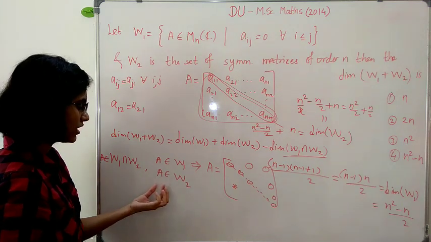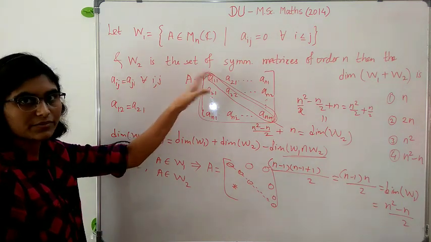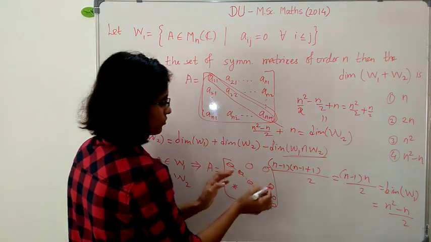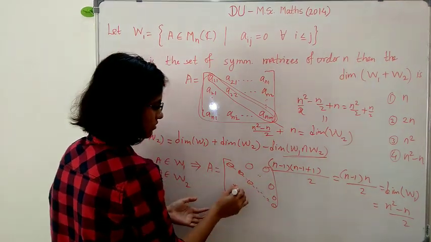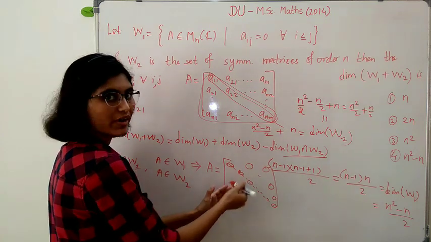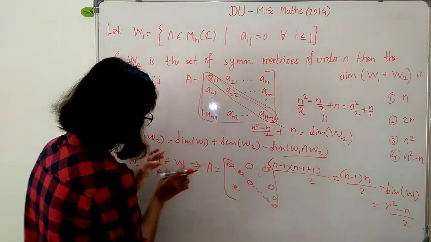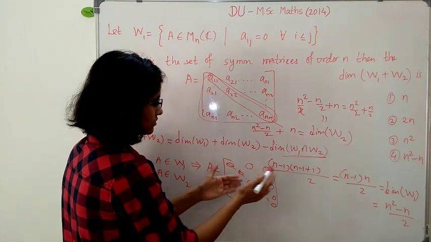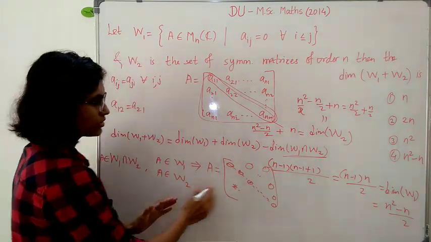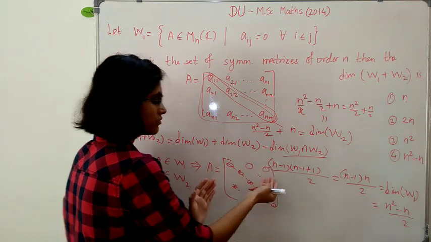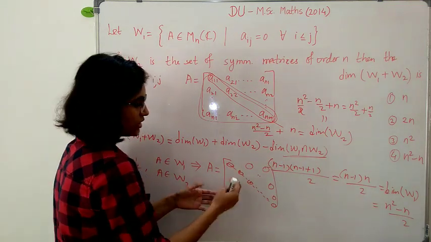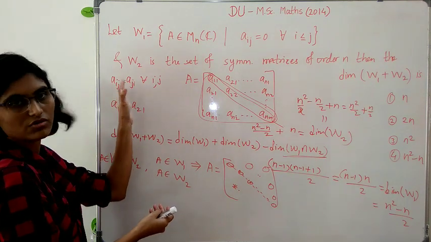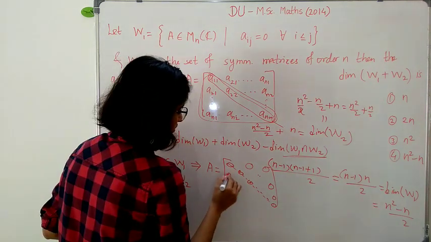Now A is in W2 means it is symmetric, right? So symmetric means whatever you have here, these entries are also here, or similarly vice versa. But A is in W1, so we must have 0 here. Then A is in W2, so whatever entries are here, we must have these entries here also in order to get A equal to A transpose, or Aij equal to Aji. So these entries are also 0.